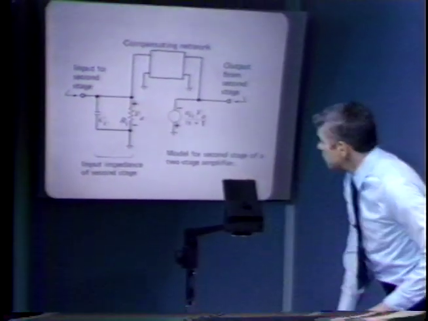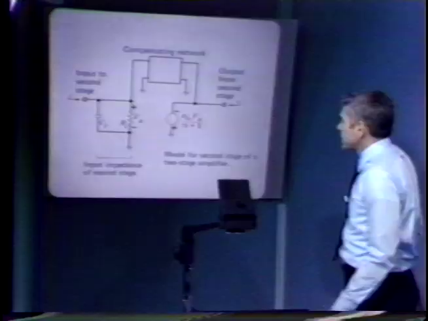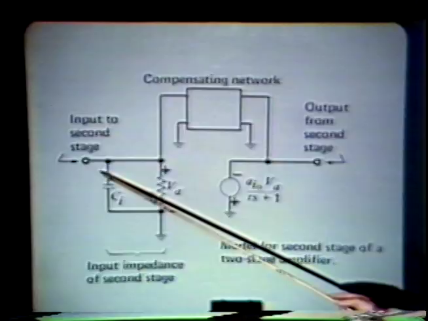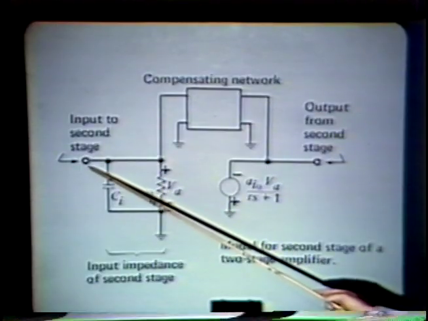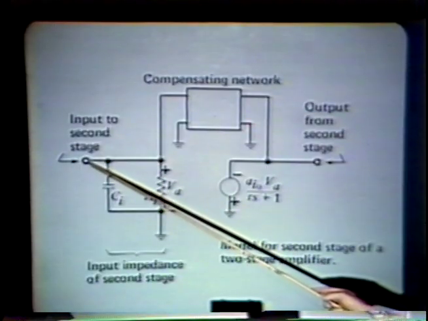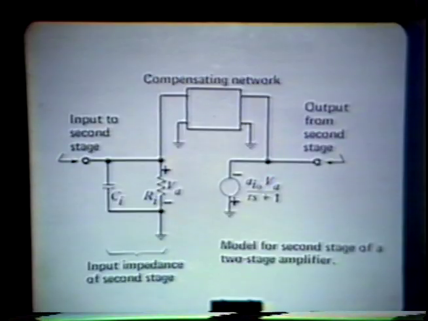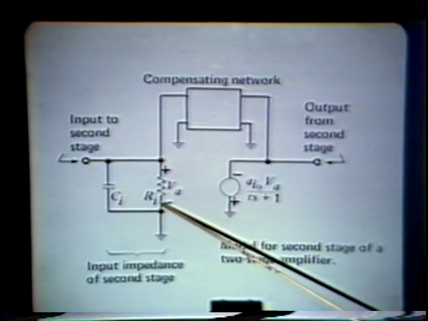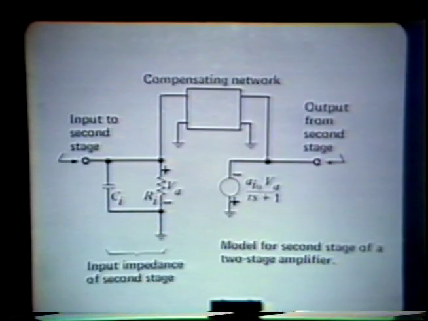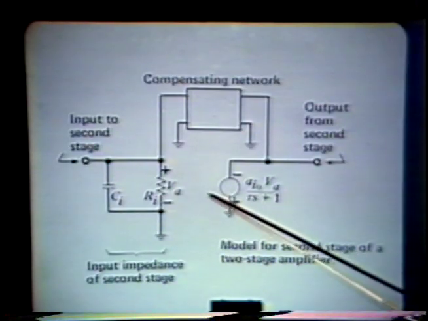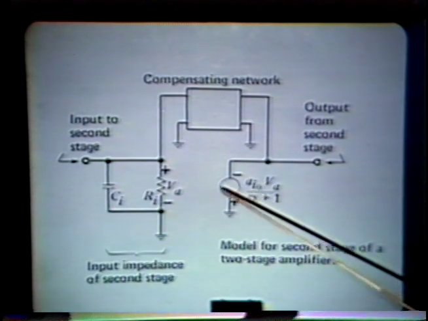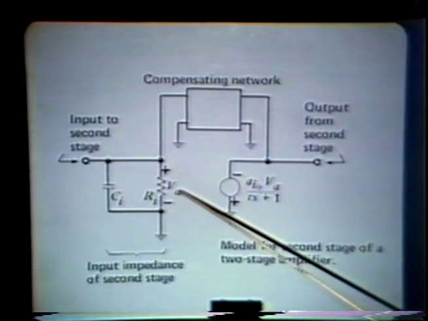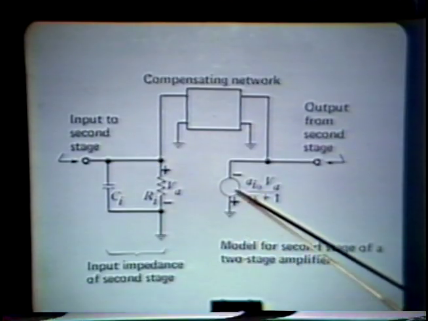Here I've shown a simplified model for the second stage of our operational amplifier. The input of the second stage, which if you recall is driven by a differential first stage in the operational amplifier, generally looks like a parallel combination of an input resistance and an input capacitance. And then we have a generator that gives us an output voltage from the second stage proportional to the voltage at the input to the second stage.